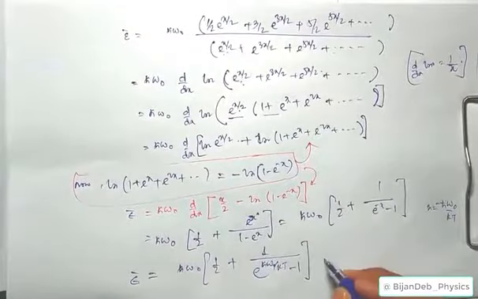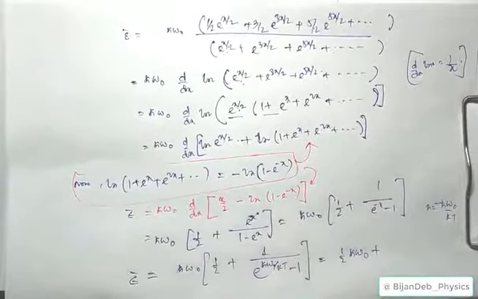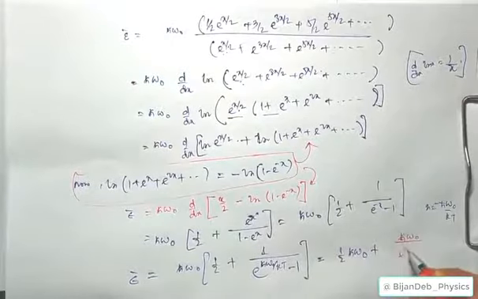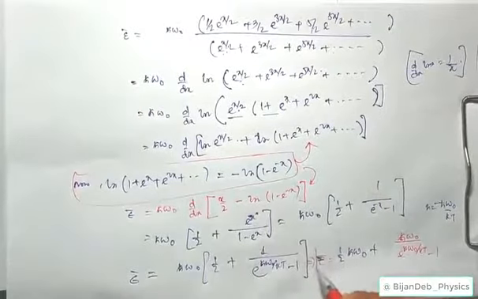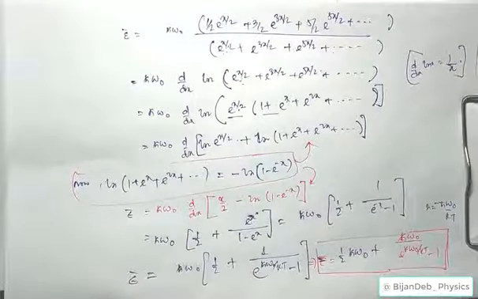Okay, so this will ultimately be half h cross omega 0 plus, if you separate this factor, h cross omega 0 by e to the power h cross omega 0 by kT minus 1. So this is our expression for average energy of harmonic oscillator.